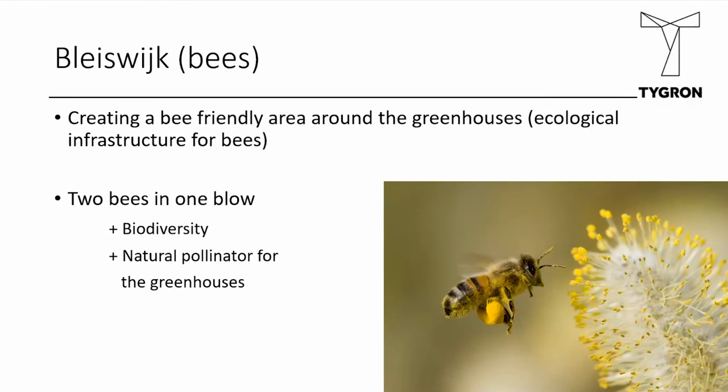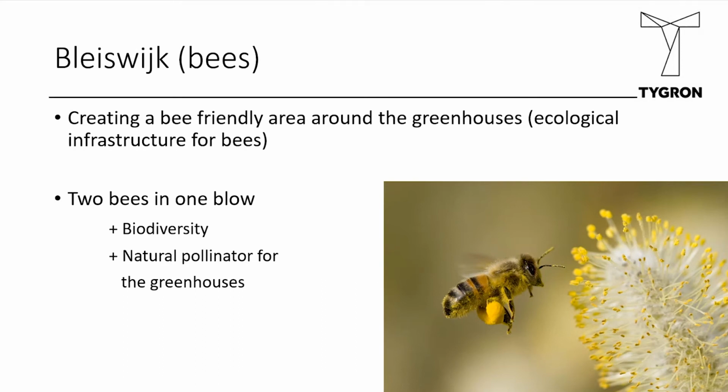And then there were also the bees, also a key species for biodiversity. The area we used was also a sort of pilot project for another project, which wanted to promote the biodiversity.